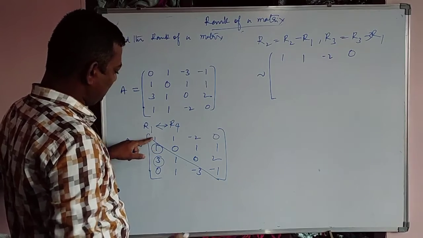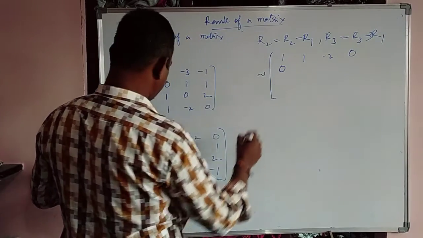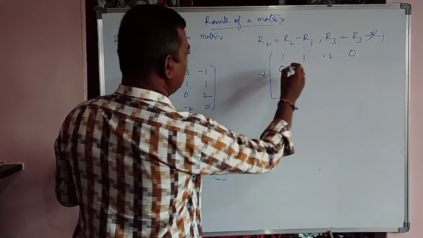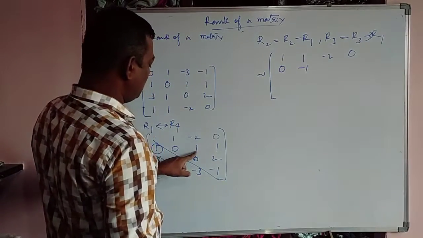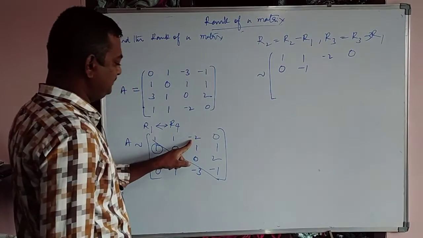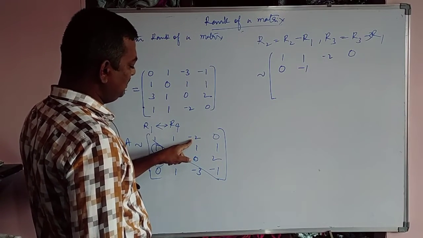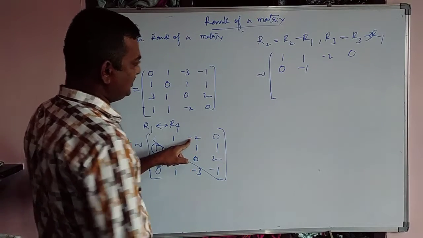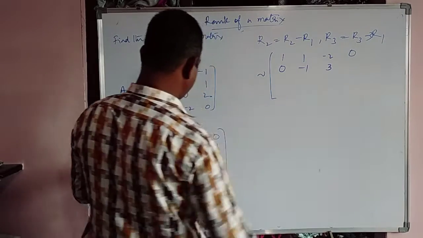R2 minus R1: 0, 0 minus 1, minus 1, and 1 minus minus 2, that is plus, which is 3.